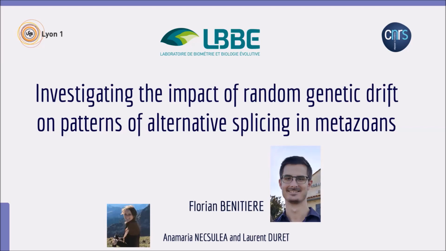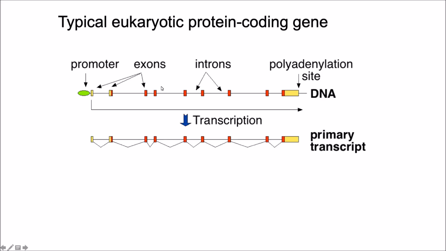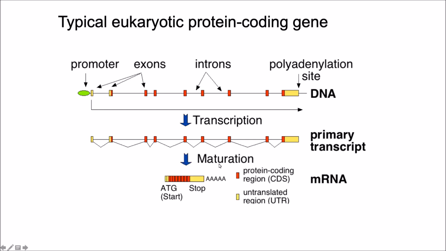I was asked to give a broad introduction, so I will start by describing what a typical eukaryotic protein-coding gene is. As you know, it consists of exons and introns, and these genes are transcribed in the nucleus to give the primary transcript that then gets matured to produce the messenger RNA that can be exported into the cytoplasm to be translated into proteins.